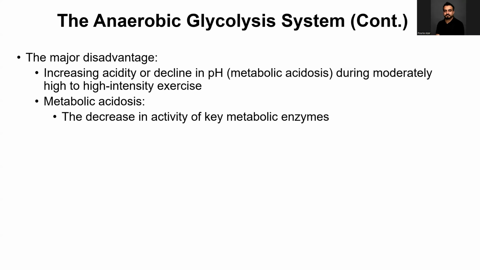So enzymes have an optimal activity within some specific range of pH. But in the case of metabolic acidosis, we have a decrease in pH or acidity. So this can cause some problems for the activity of key enzymes inside the cells. So that's one major disadvantage of the glycolysis system.